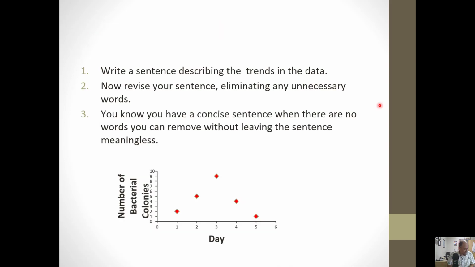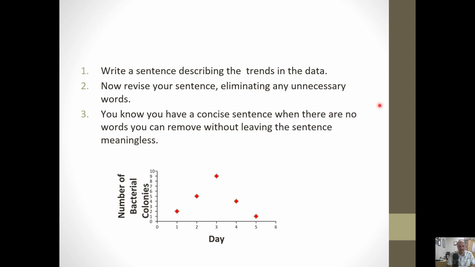What I would have you do then, after you complete 1 and 2, is write a sentence describing the trends of the data, then revise that sentence, eliminating any unnecessary words. What I'm doing here is trying to encourage you to write as concisely as possible. Scientific writing is clean, it's to the point, it's concise and precise without unnecessary wording.